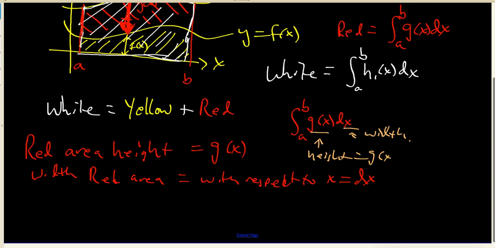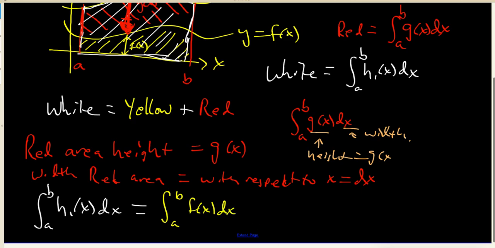So this formula right here that we've been talking about can be rewritten as: the white integral, the integral between a and b of h1 of x dx, is going to be equal to the yellow integral, which was the integral between a and b of f of x dx, and then we want to add the red area, which is the integral from a to b of g of x dx.